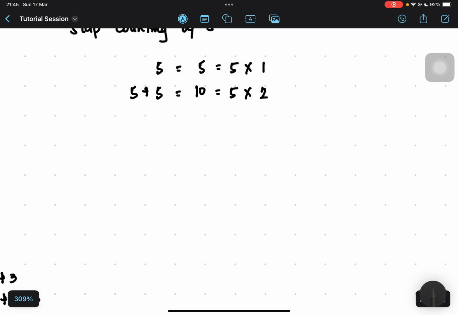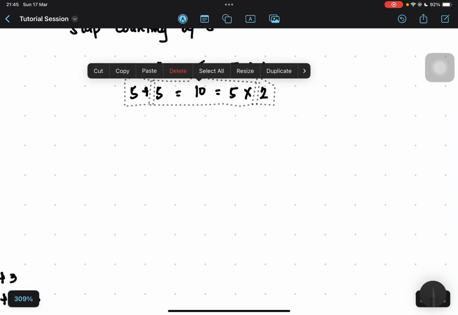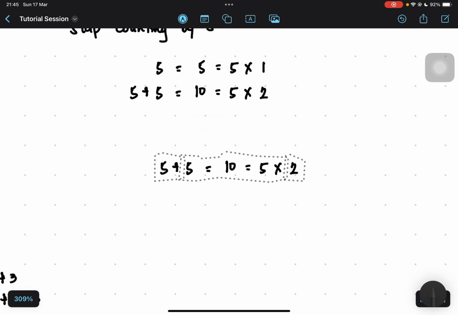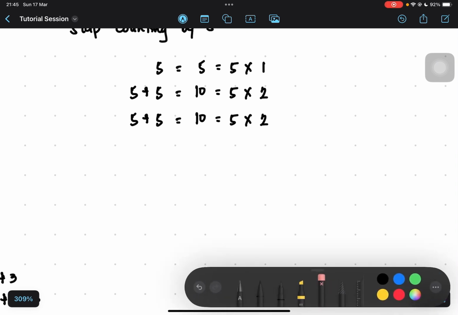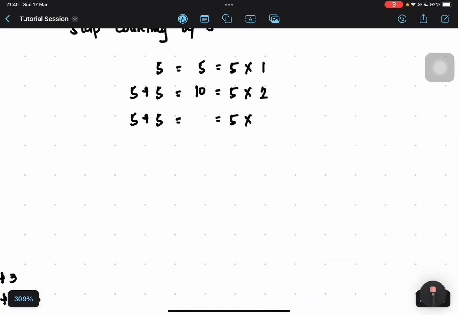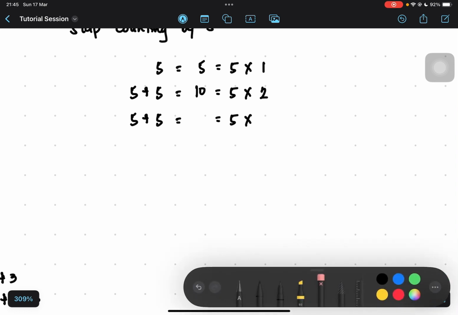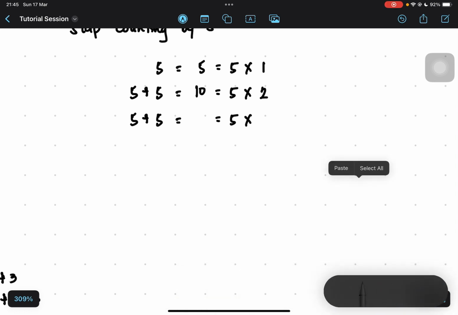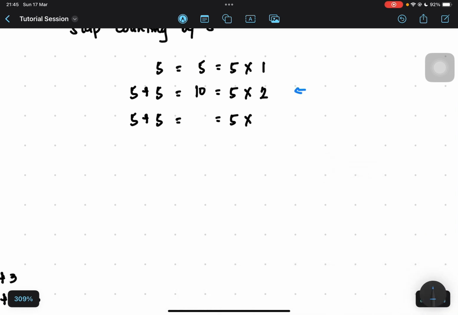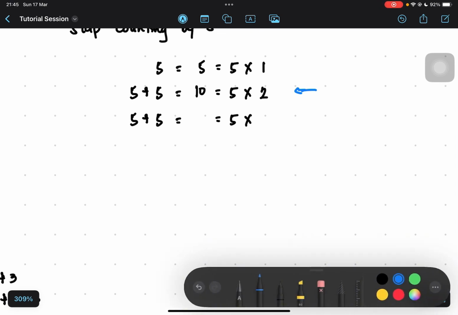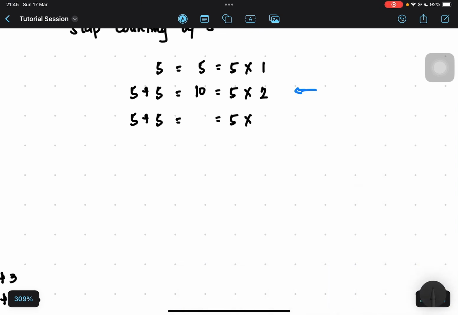Let's copy that one. Now, this 5 becomes 10. In the previous statement, we noticed that if we add another 5, it becomes 10. Now, we add another 5 from the previous one. It becomes 15.